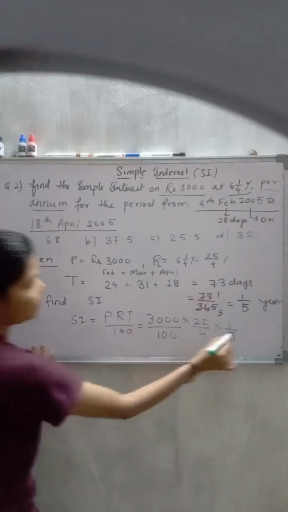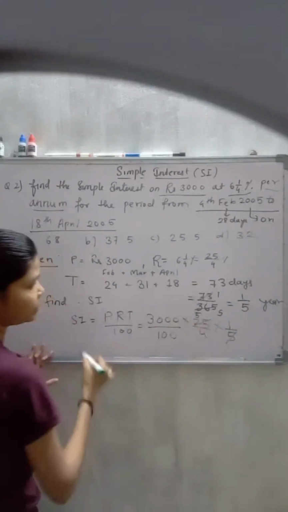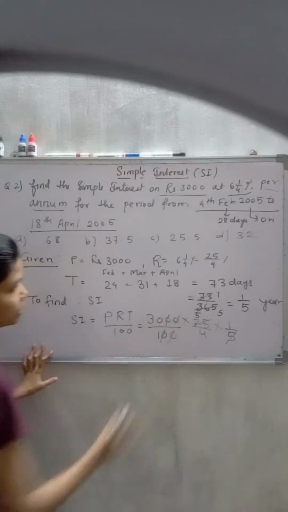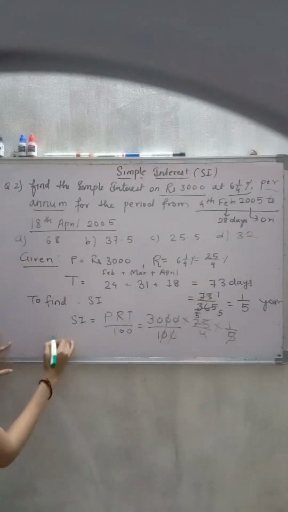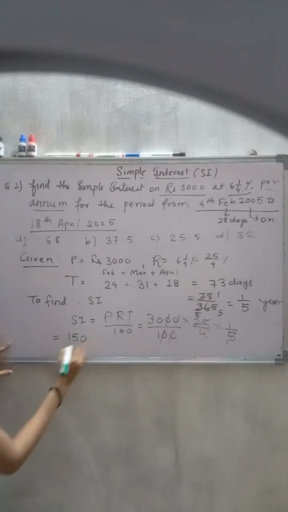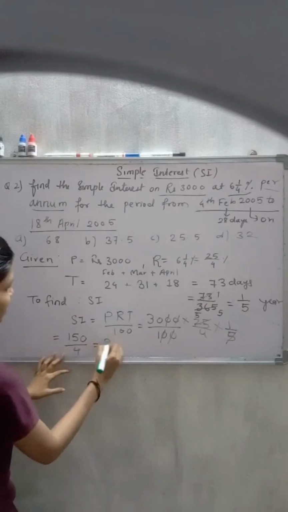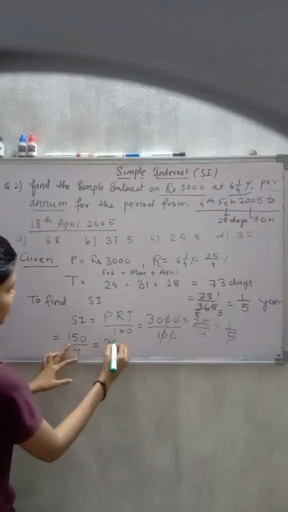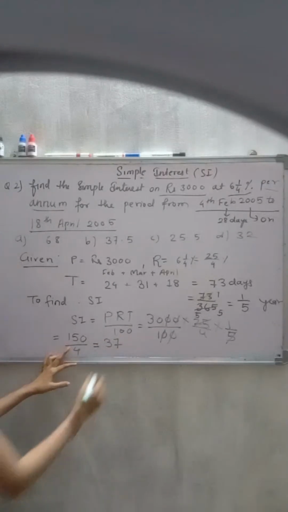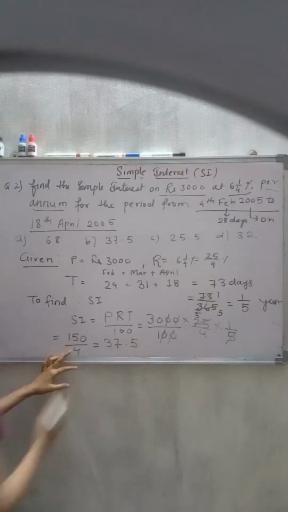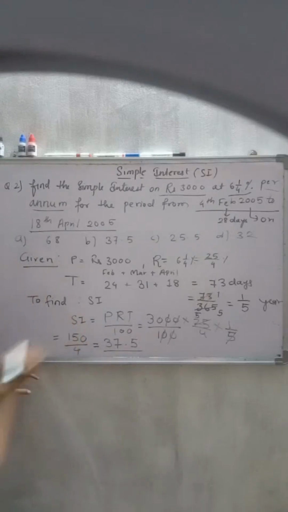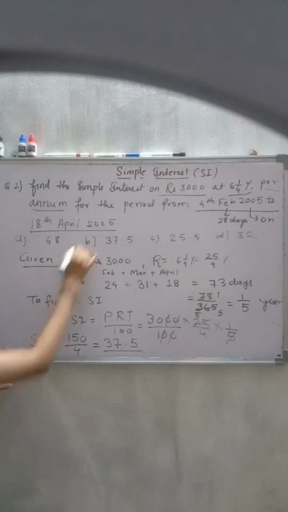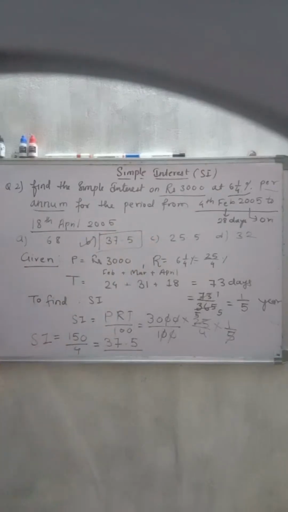Okay, now 5 1s are 5, 5 5s are 25. 1, 2, 1, 2 zeros cancel out. So 5 3s are 15. 150 divided by 4. 150 divided by 4 is 4 3s are 12, 4 7s are 28, 4 5s are 20. So 37.5 is the value of SI. Option B is the correct answer.